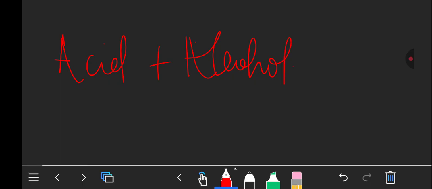And the reaction by which a carboxylic acid reacts with an alcohol to form an ester, not just an ester but plus dihydrogen monoxide, which is H2O, commonly known as water.